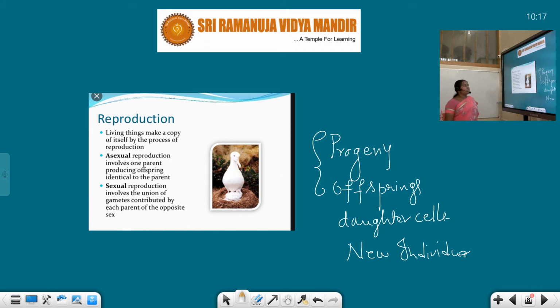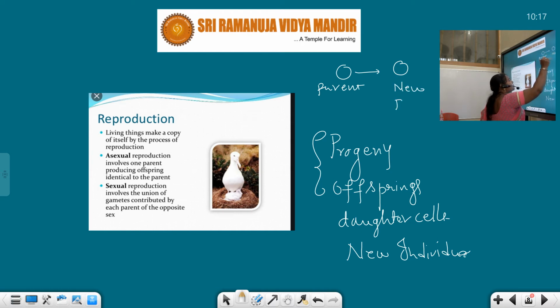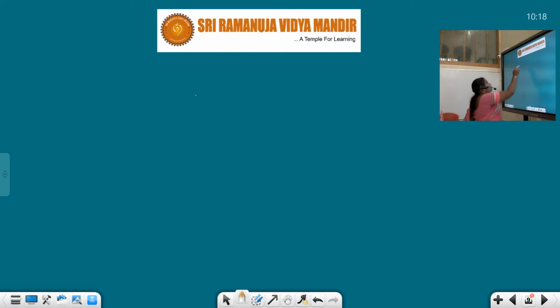So asexual reproduction involves only one parent. For example, this is the parent cell, so if it is the parent, we'll get a new progeny of the same type, exactly identical to the parent. In the case of sexual reproduction, it involves the union of two different cells or two of opposite sex.